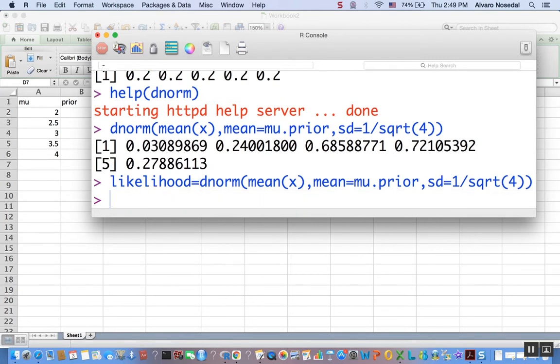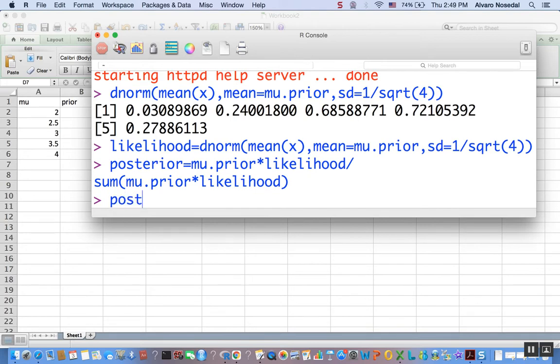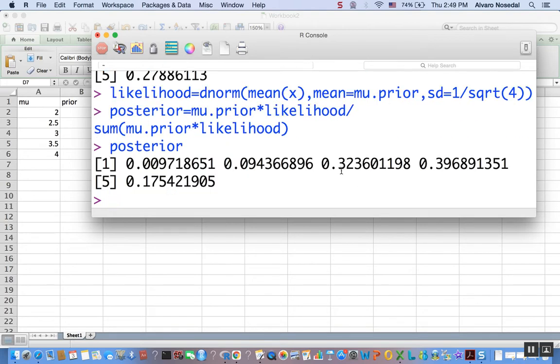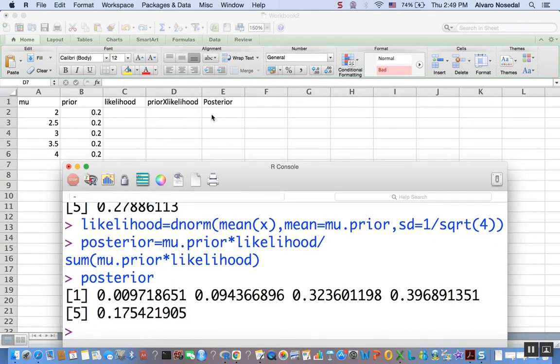Okay, so now what we know is that posterior is going to be just prior times likelihood divided by the sum of those cross products. Our posterior is a vector with 5 elements.